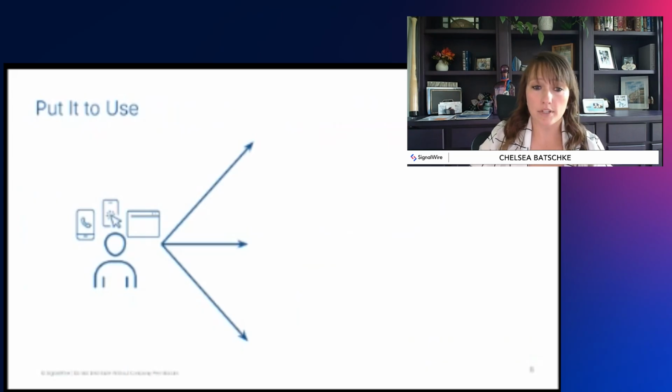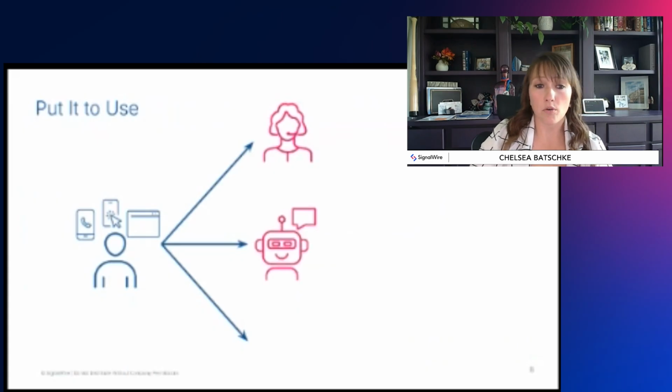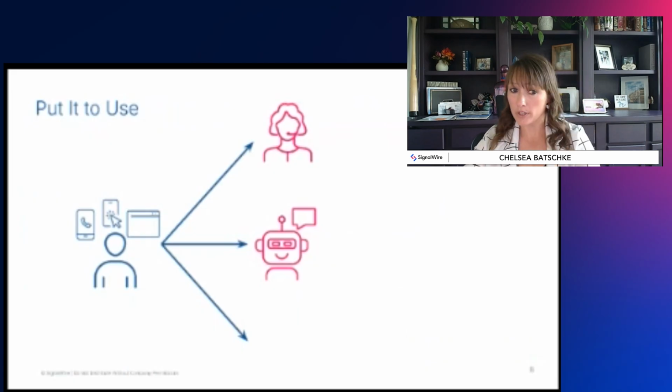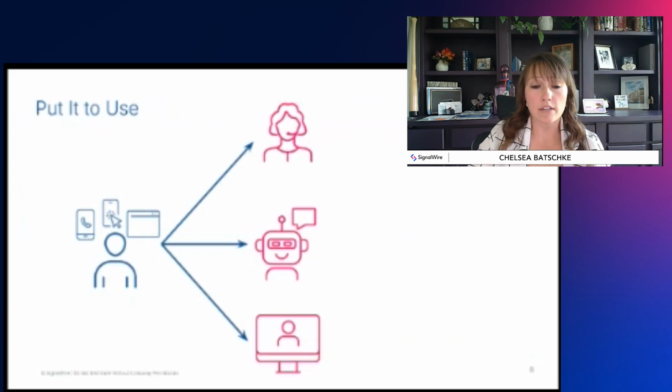So we can use different resources to assign the address of the endpoint. You could use a subscriber resource to point the call directly to a live agent, or you could direct it to an AI agent to handle the call before going to a live agent. You could even dial via video, audio, or both into a conference room with multiple people. You can basically dial any resource that has an address.